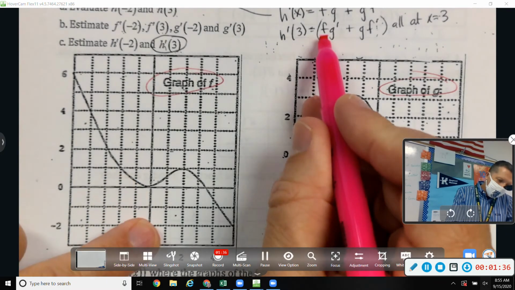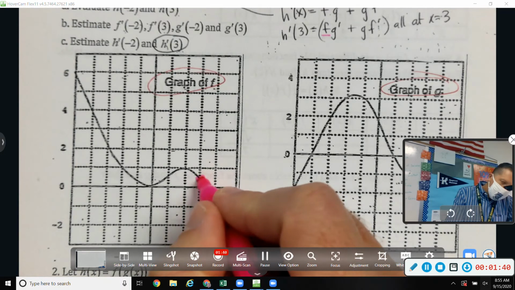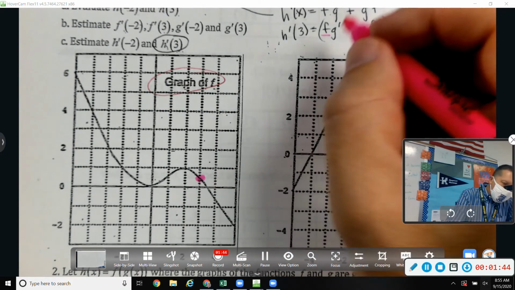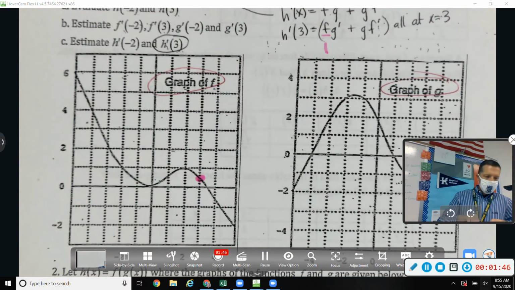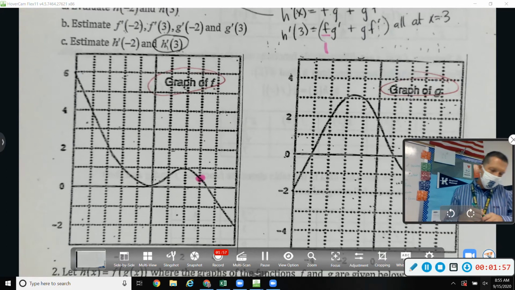So looking at the graph of f at 3, that would be right there. That function value is 1. And it says estimate, so obviously if we're reading off a graph, we might get different values. I think everybody would pick 1 for that, though.